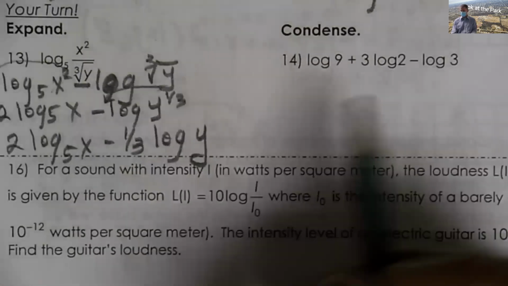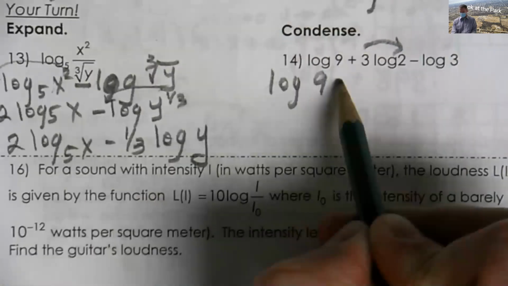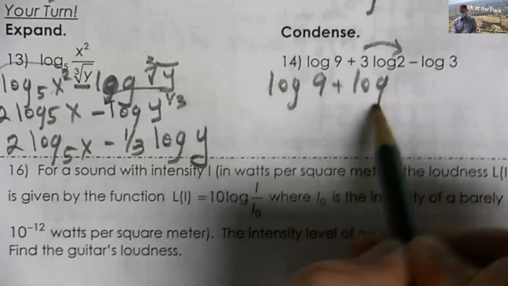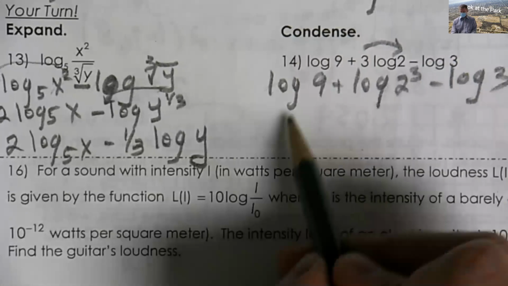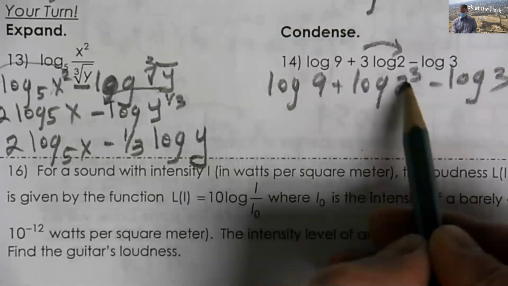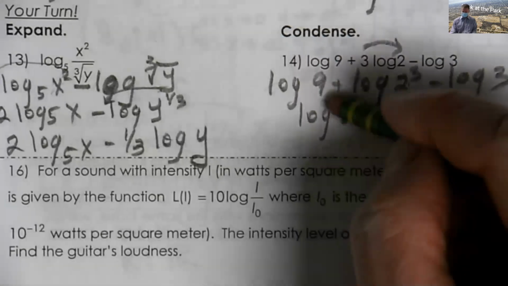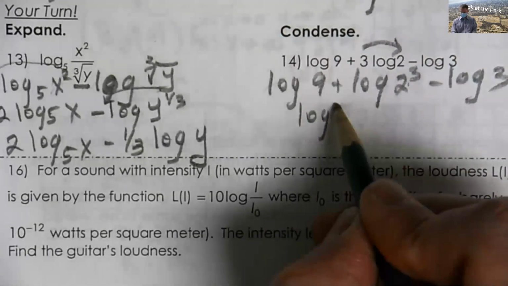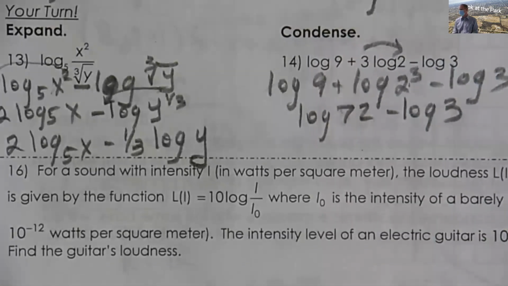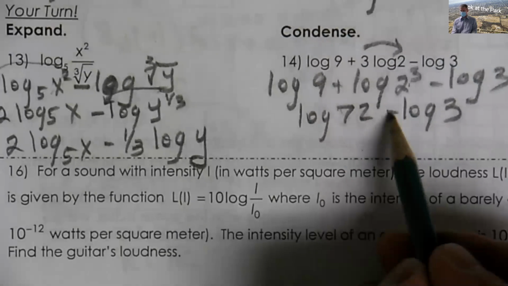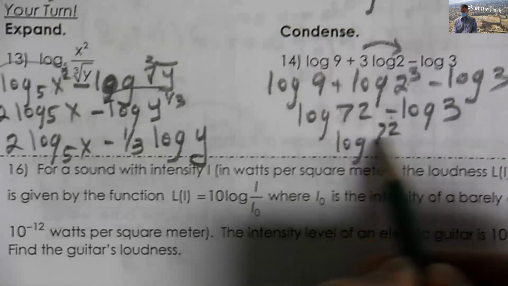Here we're condensing, we're bringing it together. So we have log of 9 plus log of 2 cubed. So that is 9 times 8, which is 72. Minus log of 3. Then subtraction tells us to divide.